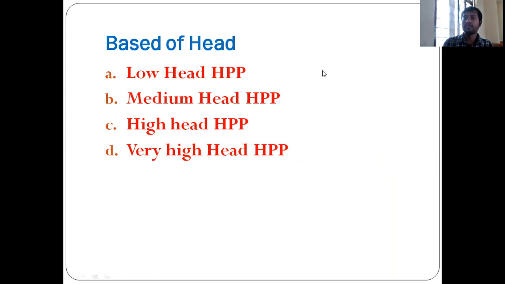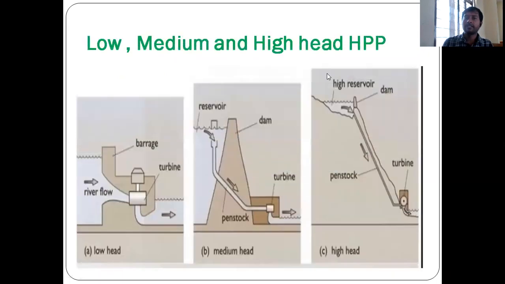This is the classification based on the head, and you can see the different types of power plants based on head. Here this is low head, where water flows directly, and this is a small barrage.